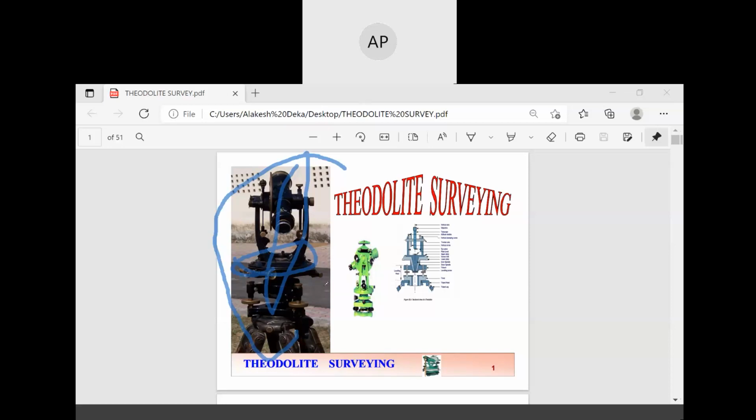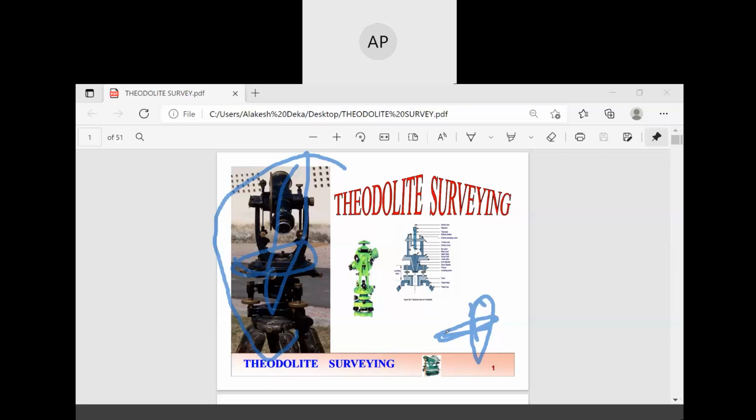So this is your theodolite. It has one vertical axis and one horizontal axis, so it works in both directions. Because of its various uses, the theodolite is known as a universal instrument.